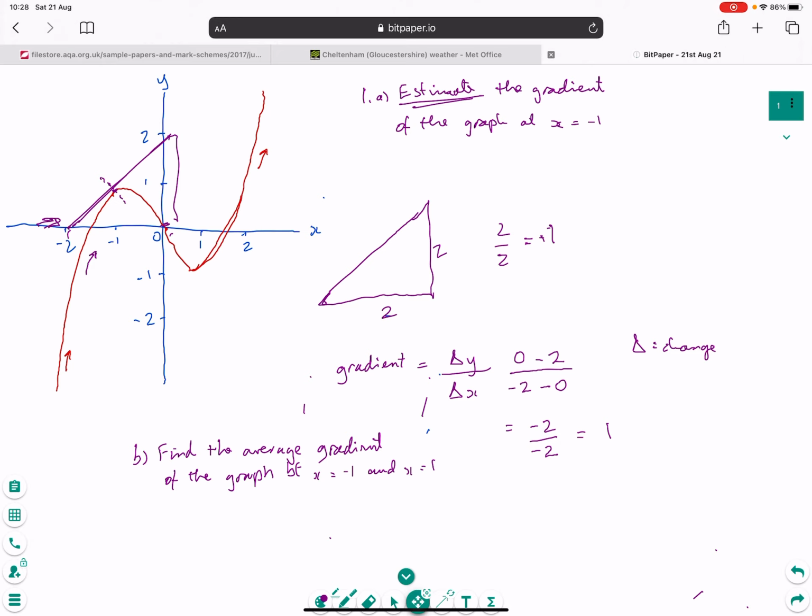So we start in here, and then we're finishing up here. Well, this one's a lot easier because you've got a lot of the line drawn on already. Okay. This will be a negative answer, but it looks like a 1 in 1 again. I'm just finishing on points that make it easier to do the calculation.